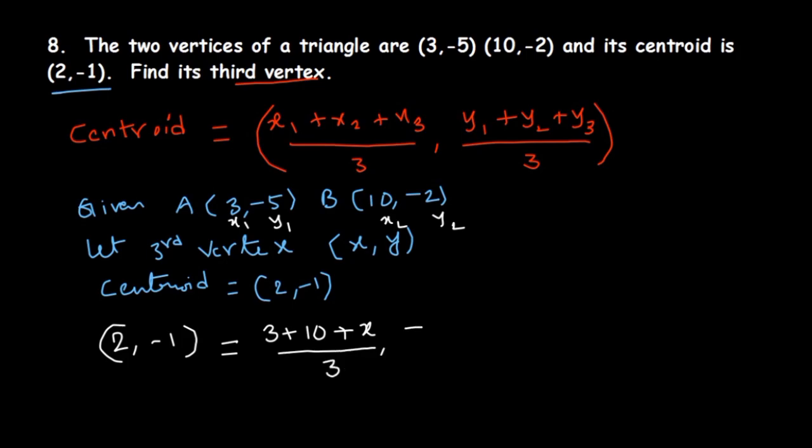And y1 plus y2 plus y3 by 3, that is -5 plus -2 plus y, by 3.